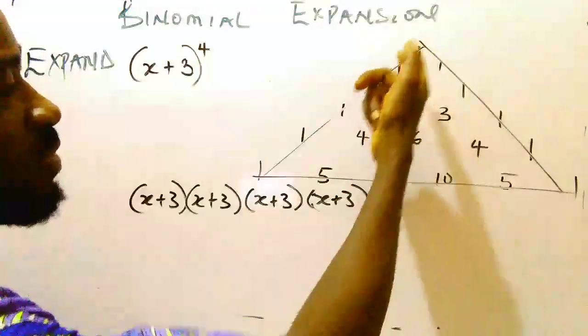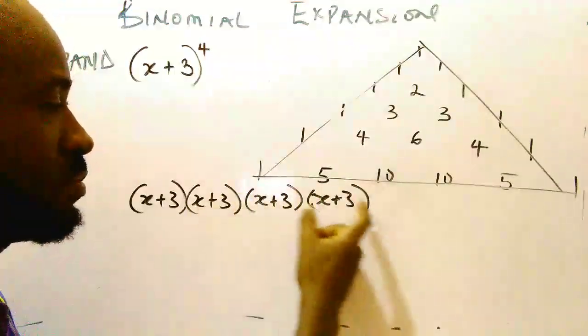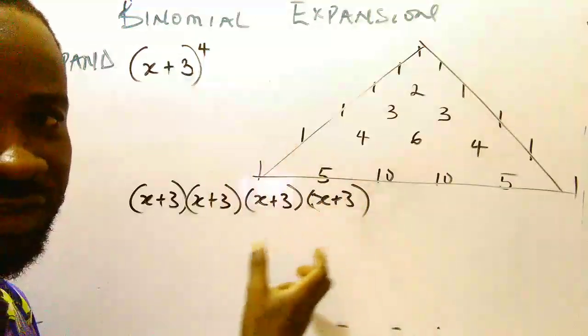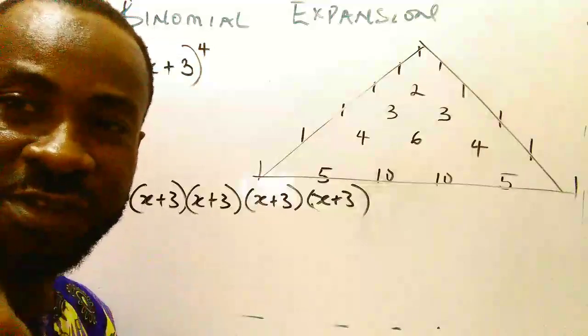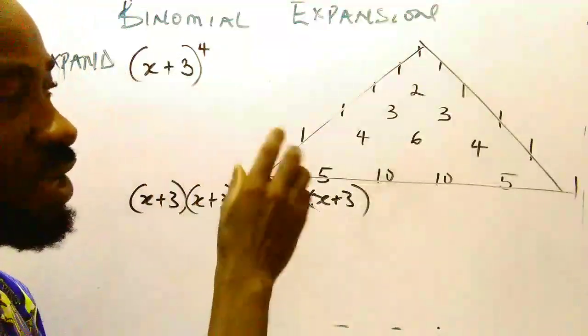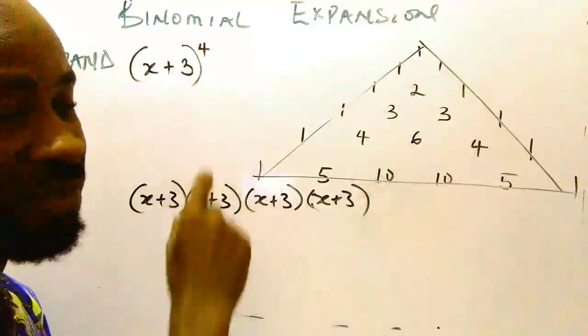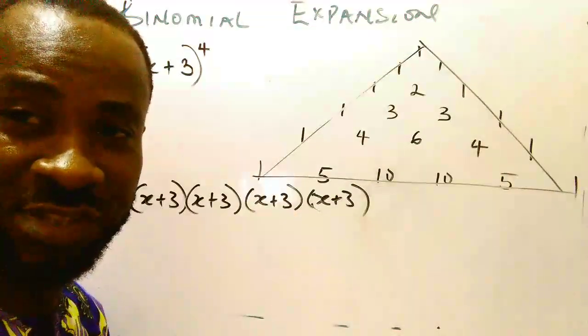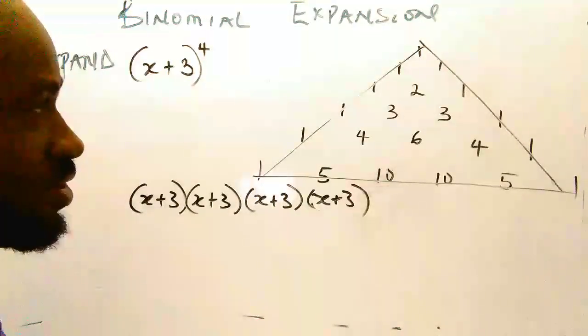So the job of this Pascal triangle is that it saves us the rigors of passing through this process by giving us the coefficients of these terms, and thereby making it possible for us to solve this particular problem in no distant time. Okay, so that is what this Pascal triangle is all about.